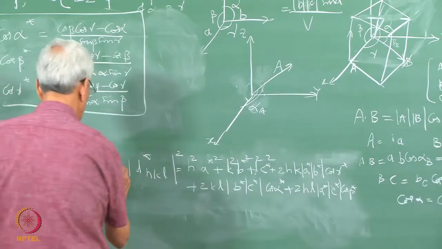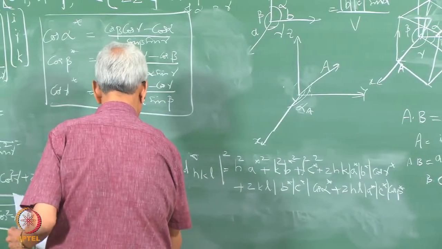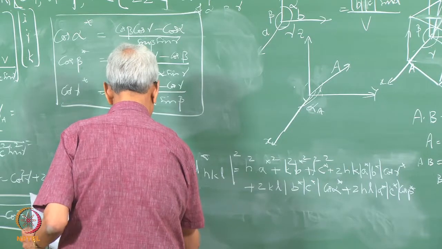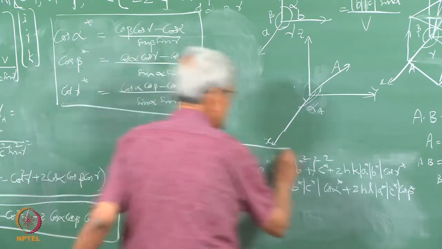This equals 1 by mod d_hkl the whole square, correct?